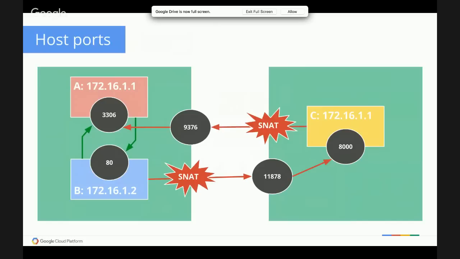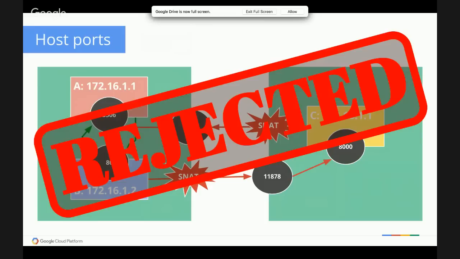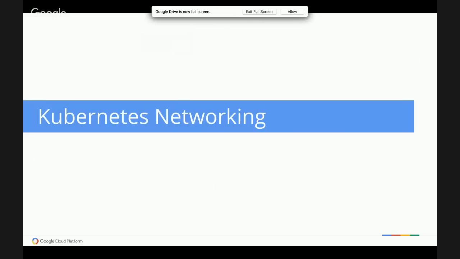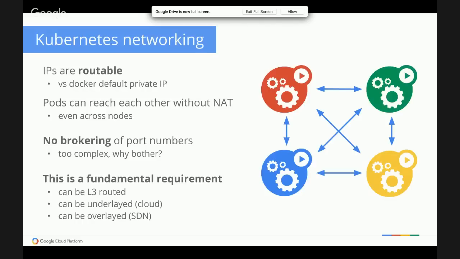That's not very ideal. You have to deal with the mapping between containers and host ports, and then you have to do service discovery based on that, and then you lose all the benefit of routable L3 IPs. So that's not ideal, so we rejected that. In the Kubernetes world, we assume that the IPs of the containers are routable within the cluster, globally within the cluster.